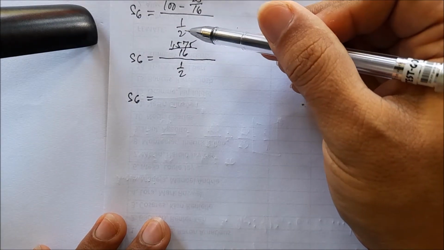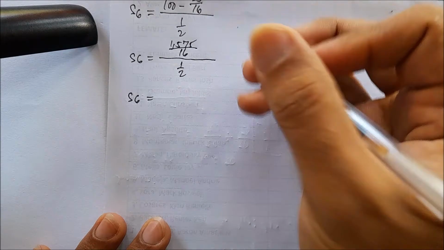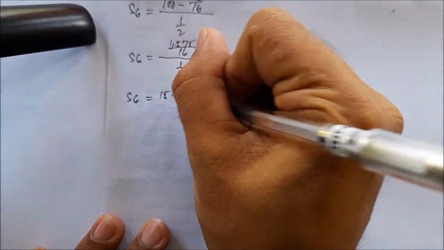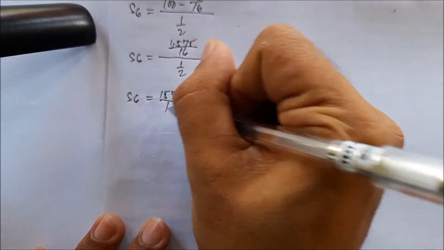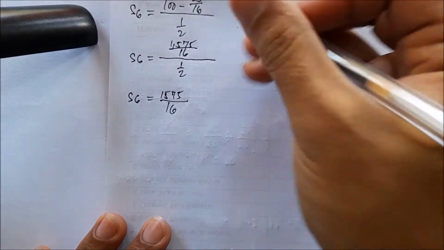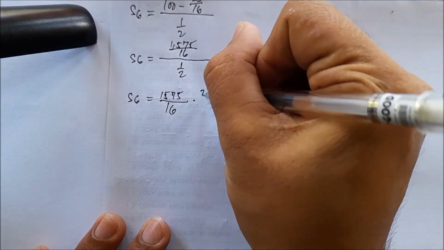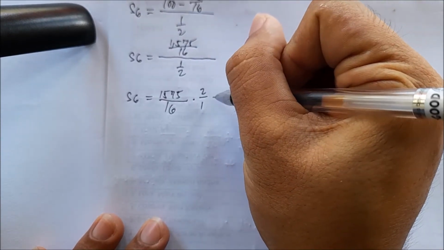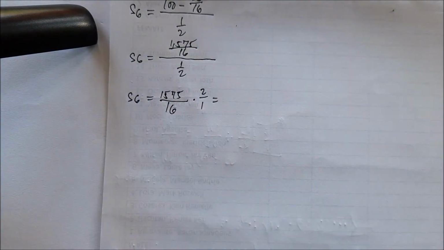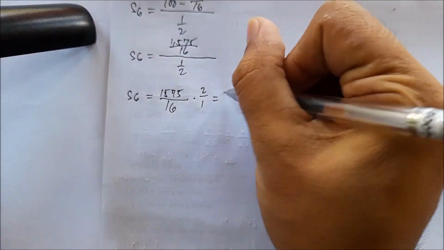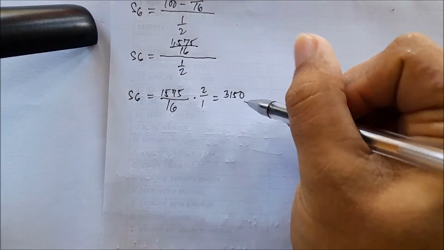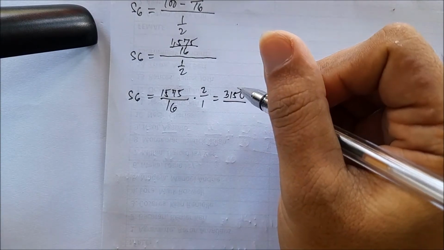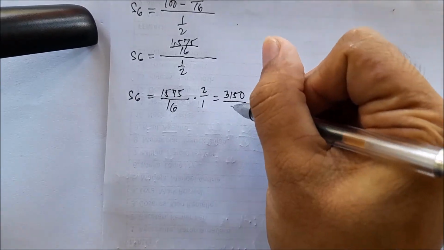S sub 6 equals, now divide 1,575 over 16 by 1/2. The reciprocal of 1/2 is 2 over 1. 1,575 times 2 is equal to 3,150 over 16 times 1 is equal to 16.